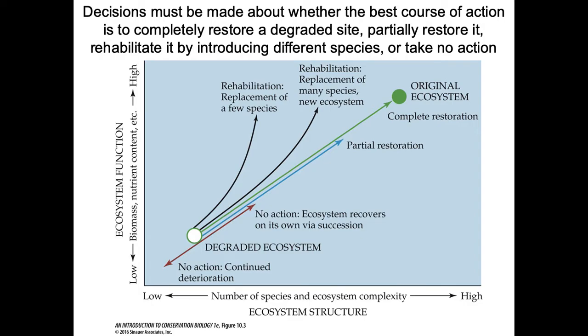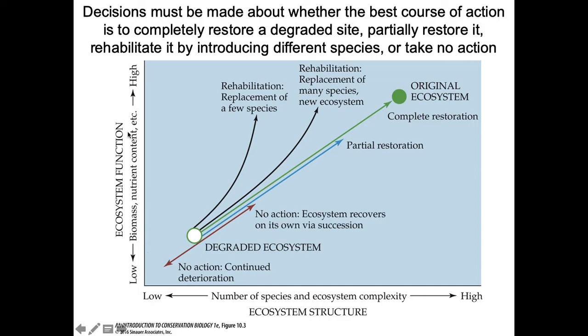This graph shows kind of the trajectory along this and how we can move to change the ecosystem with these different options. So this circle, the white circle, represents our degraded ecosystem. And we have the four possible options that we just talked about.